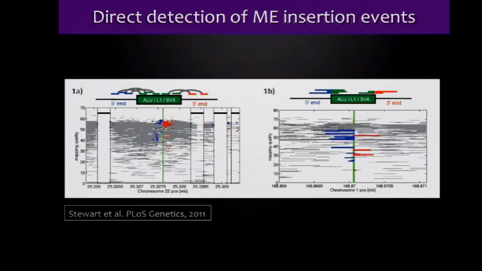So the two methods that we used: think of a situation where you do paired-end sequencing of the individual in which you want to discover these insertion events. The paired-end sequencing will normally just align both pairs to unique sequence. But in some situations, you'll see that one end of the sequence actually is in the inserted allele, and the other one will map to the genome sequence as we know it.